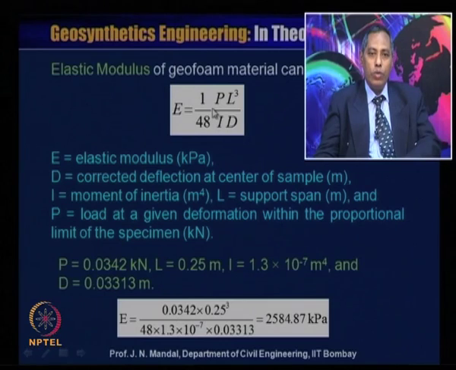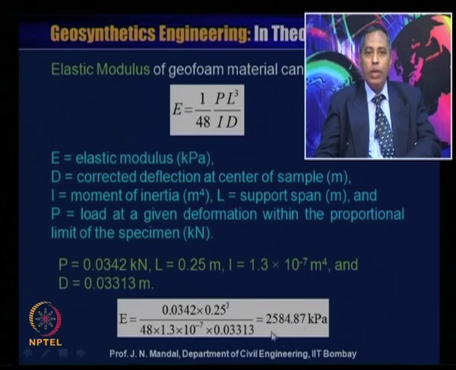E is equal to 1 by 48, P is 0.0342 into L, 0.25, to the power 3, divided by 48 into I, 1.3 into 10 to the power minus 7, into D, 0.03313.